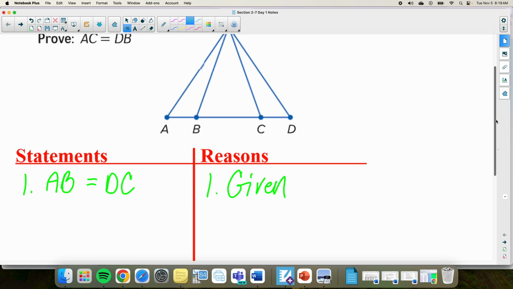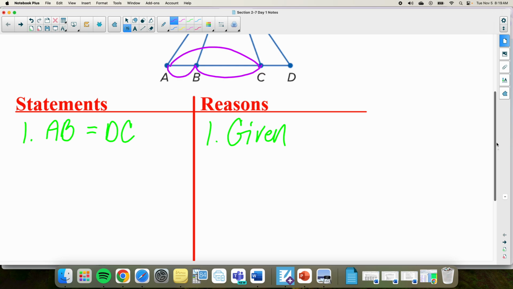we have two different situations where we have a segment with 3 points. And remember, anytime you have that, you can break that segment up into parts. So we could say AB plus BC equals AC. Okay, so I'm going to do that. I'm going to say AB plus BC equals AC.